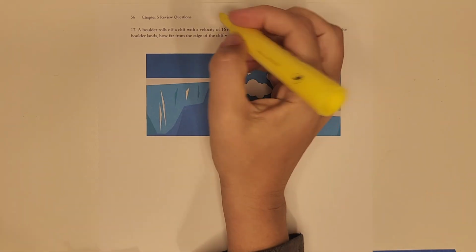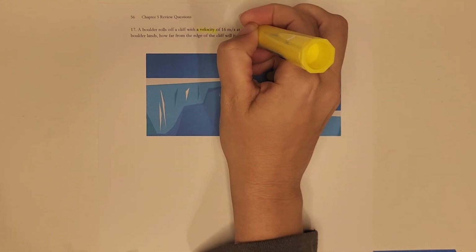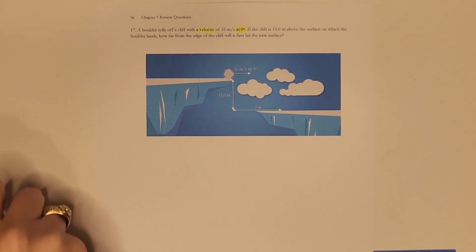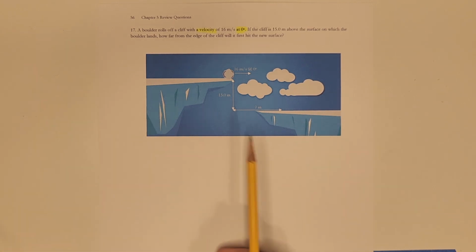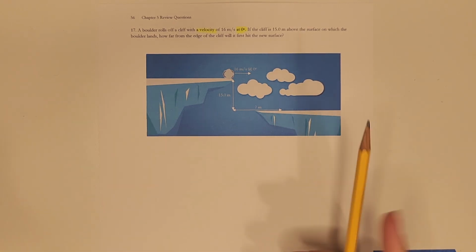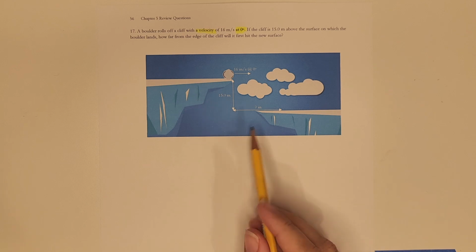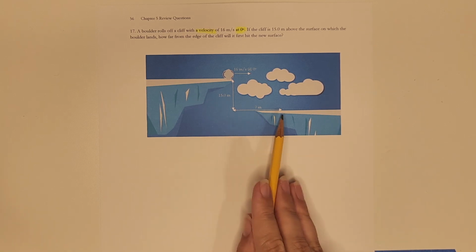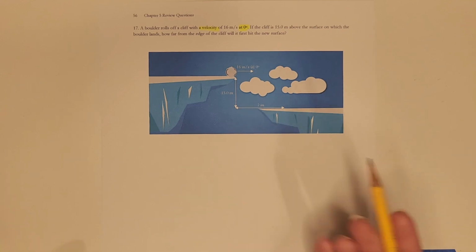Okay, so we have a velocity and the direction is 0 degrees. And we're going to be determining how far from the edge of the cliff it will first hit the new surface, so our final variable is going to be using our x component of velocity to get to it.